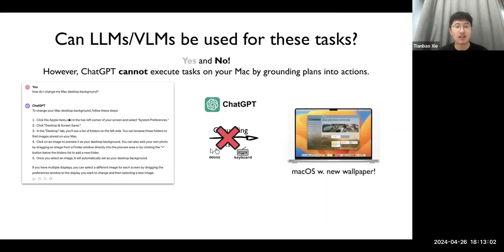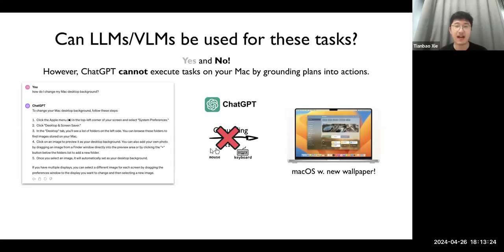But what they cannot do is execute tasks on your Mac by grounding plans into actions. It can only describe the task, but you are the one who has to do it; ChatGPT cannot help you do this task.